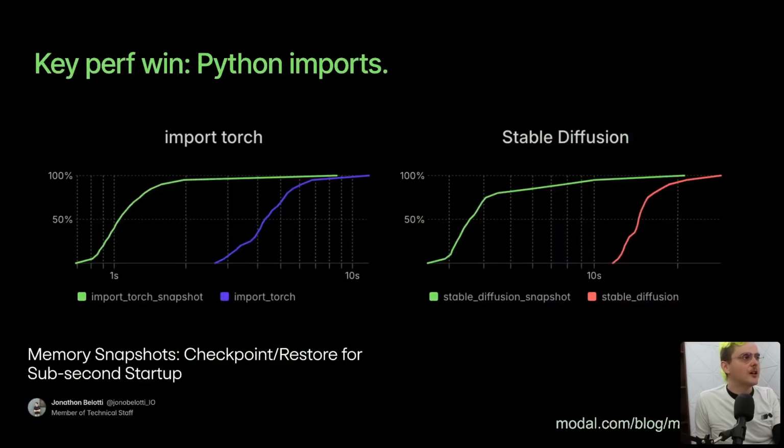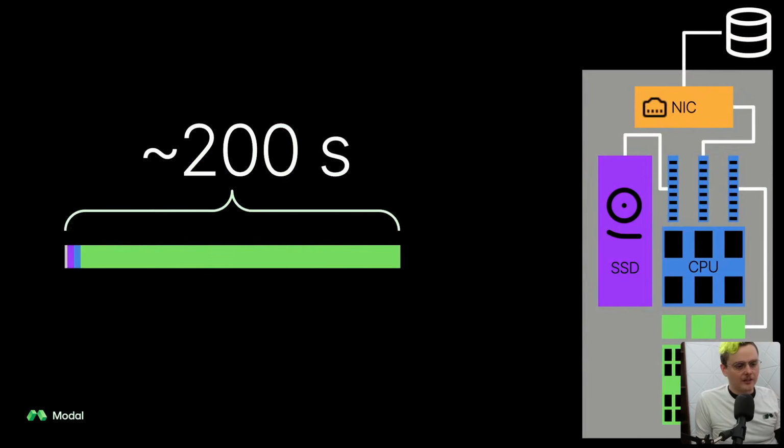And the key reason for that is that with this host side or CPU side snapshotting, you can't do anything on the GPU, because the GPU has a separate memory store in its RAM here, right? And that is not being captured by this system by default. So it doesn't give you a big win for this inference server case.